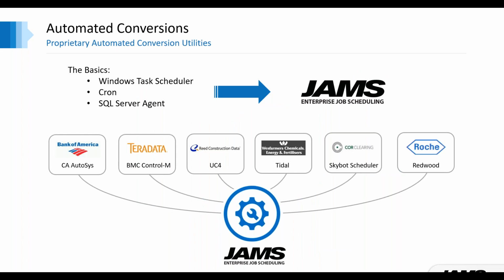Now, in addition to being a powerful workload automation tool, JAMS also makes it quick and easy to get your existing jobs and processes into it. As for the basics, JAMS has native conversion utilities built into the client for Windows Task Scheduler, SQL Server Agent, and Cron.